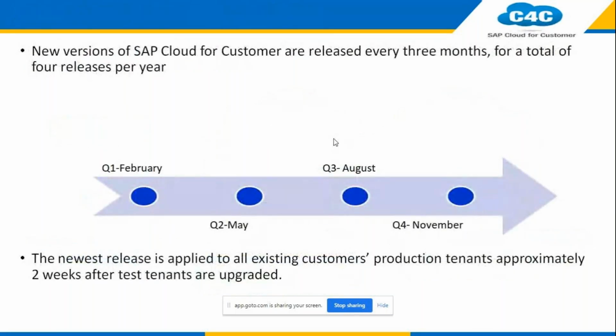Coming to the upgrade part, as it is a cloud application, it has been provisioned in such a way that this tenant will get upgraded every quarter in a year. That means new functionality will be added in that upgrade.